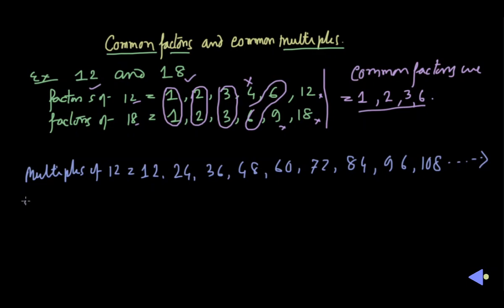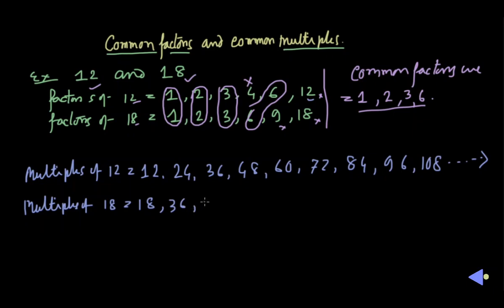Next, multiples of 18. In the case of multiples, the number itself is the first multiple. In the case of factors, the factors are either smaller than or equal to the number itself. In the case of multiples, the first multiple is always the number itself, and the rest of the multiples will be greater than the number.